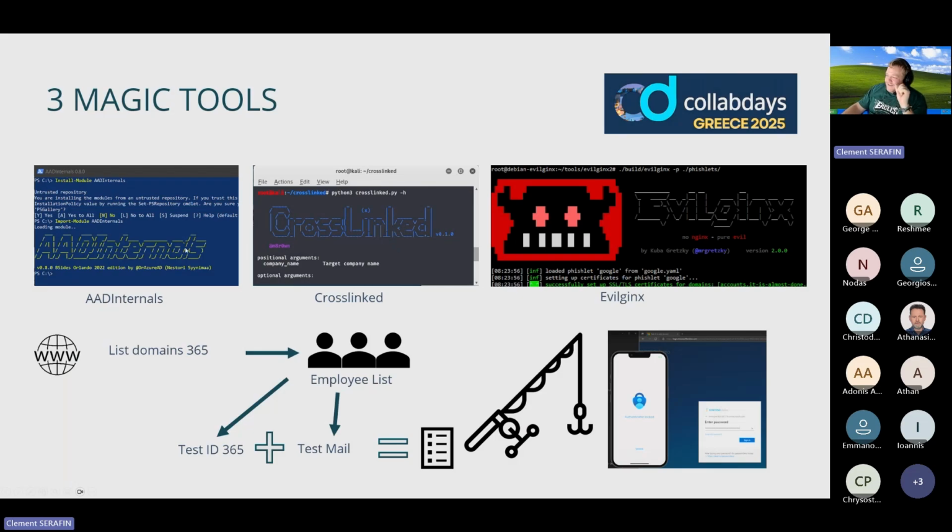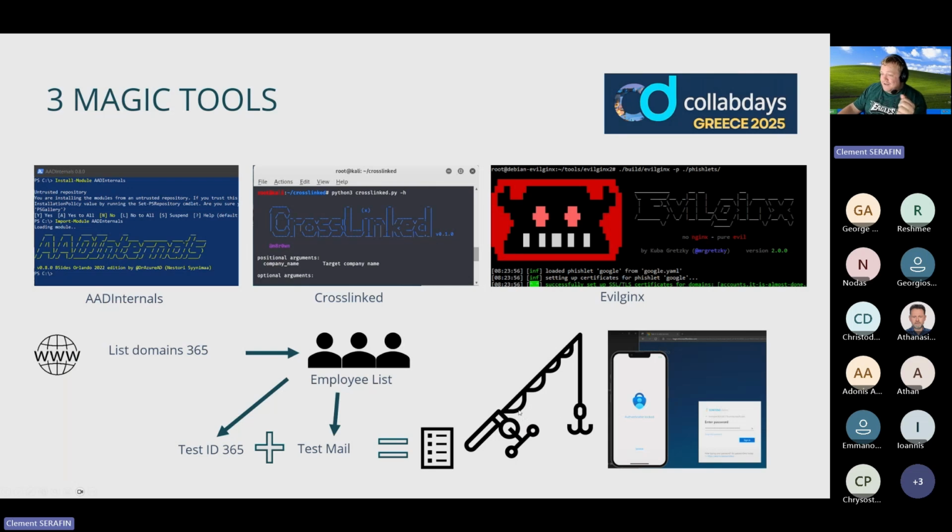So when I have the list of domains, I put that into CrossLinked and search all the people working at the company, so basically I can get the employee list from LinkedIn. With the list of domains and the employee list, I can test some naming schemes to see if the people's emails exist, yes or no.